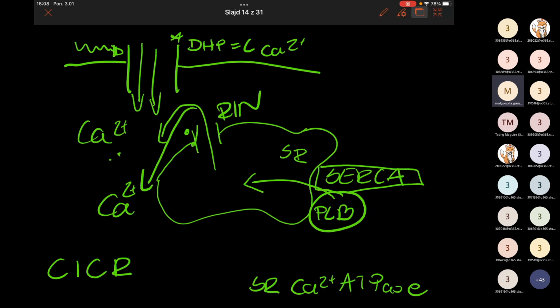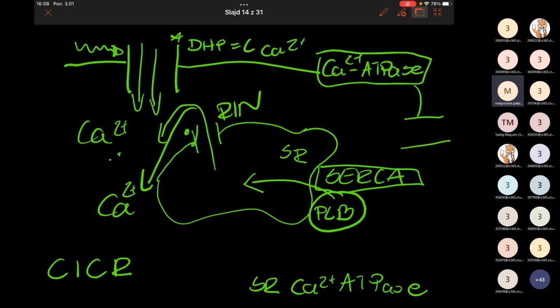Besides SERCA, calcium ions are removed from the cytosol by the calcium pump in the cell membrane. As well, they can be removed by the sodium calcium exchanger.